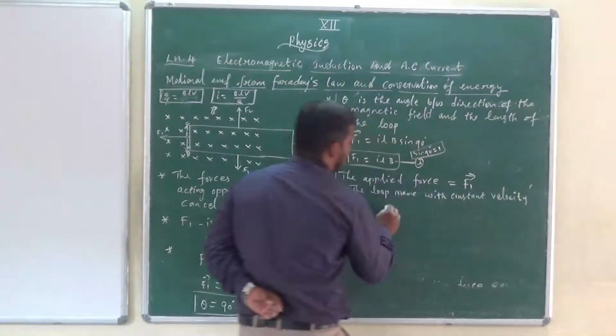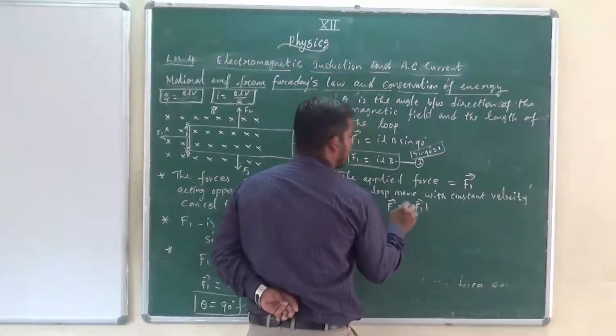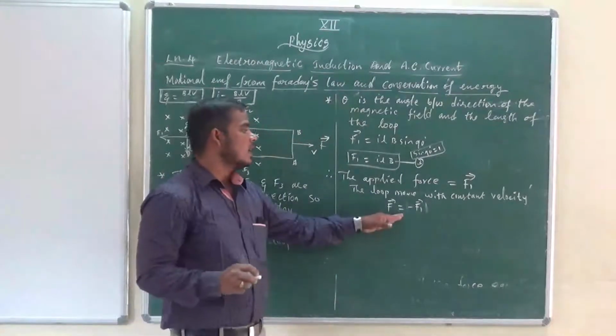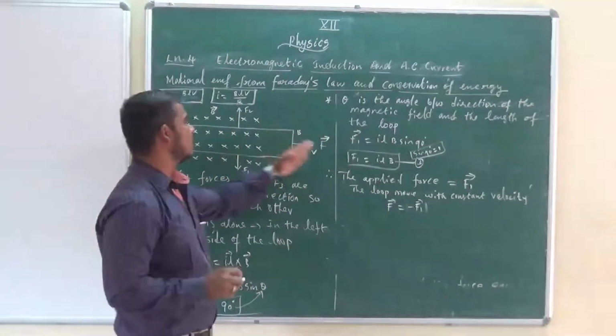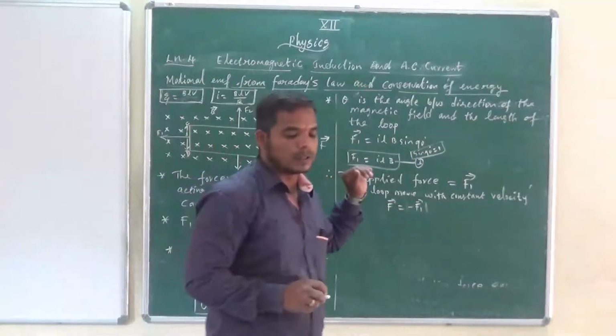So we can write F vector equals minus F1 vector. The negative sign indicates the constant force is in the opposite direction of the deflecting magnetic force.